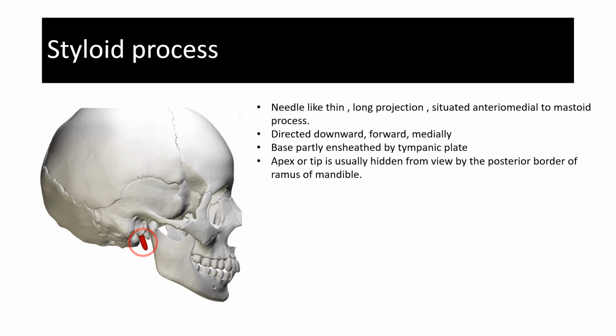It is a needle-like, thin, long projection situated anteromedial to the mastoid process, and it is directed downwards, forwards, and medially. Its base is partially ensheathed by the tympanic plate, and its apex and tip are usually hidden from view by the posterior border of the ramus of the mandible.